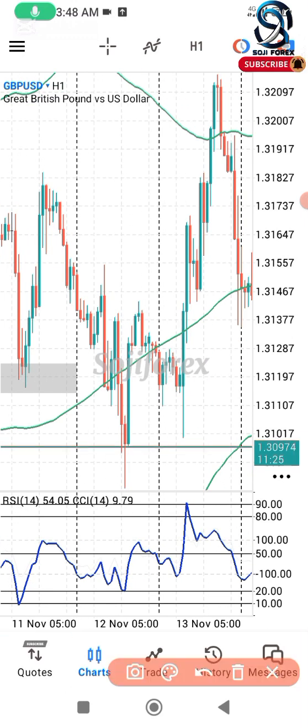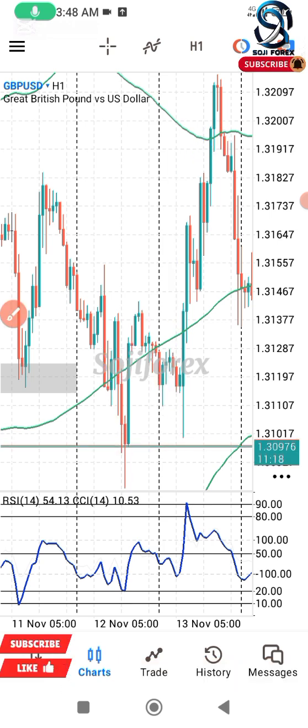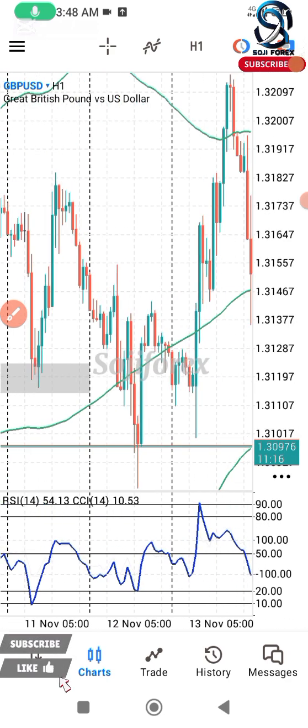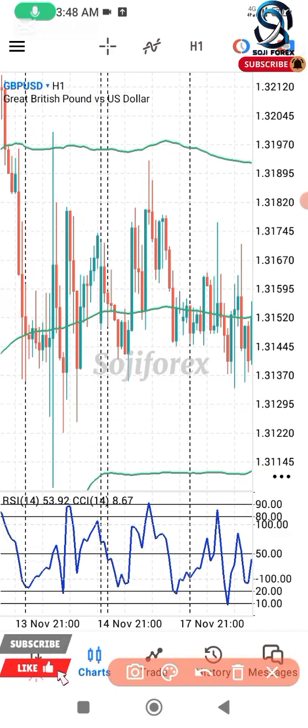Price broke below it, went up, you can see that, and again it retests the middle Bollinger Band, continuing all the way to the upside.